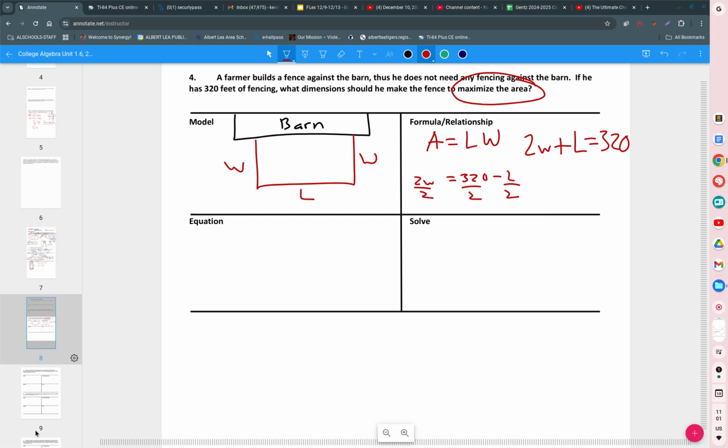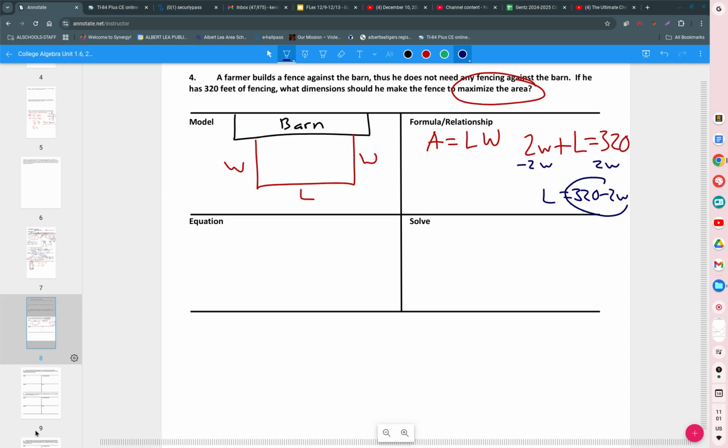That's totally allowed. And you could do that, come up with the right answer. However, I think it's kind of nice in this situation to just subtract 2W and notice how the L is all by itself then. So you get choices. I just think that this one looks a little bit nicer.